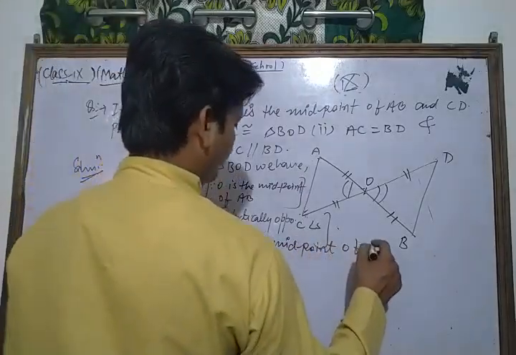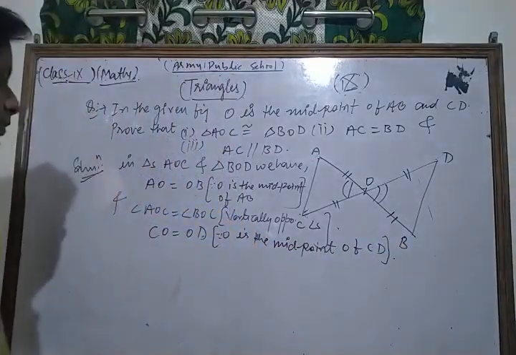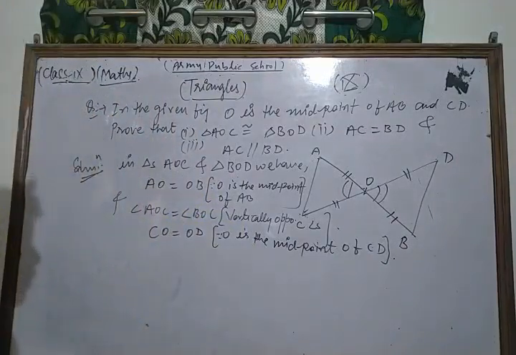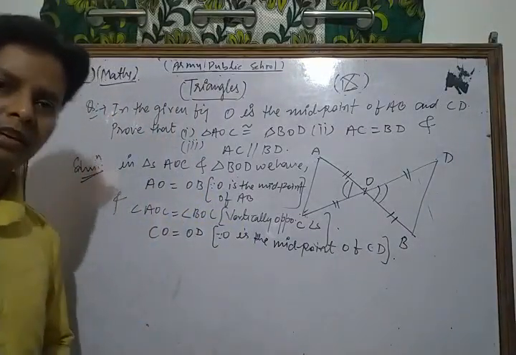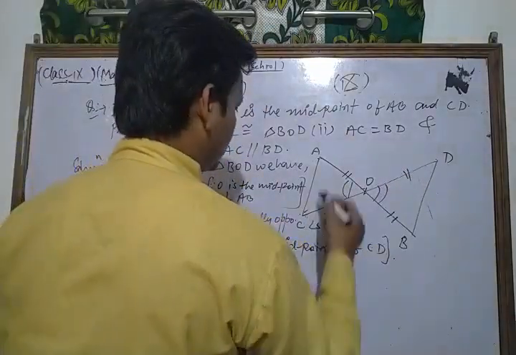O is the midpoint of CD. So CO is equal to OD.